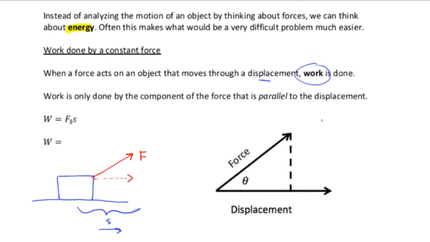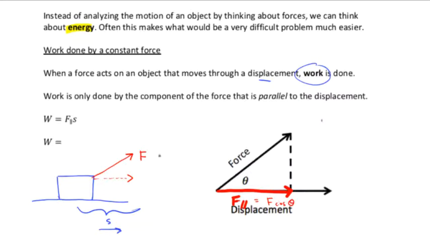If we take a look at the diagram here on the right hand side, if this is our displacement and that's our force and there's an angle of theta in between them, we want to find the component of the force that's parallel to the displacement. That can be called F parallel, and it's equal to F cos theta by our mechanism of taking components.